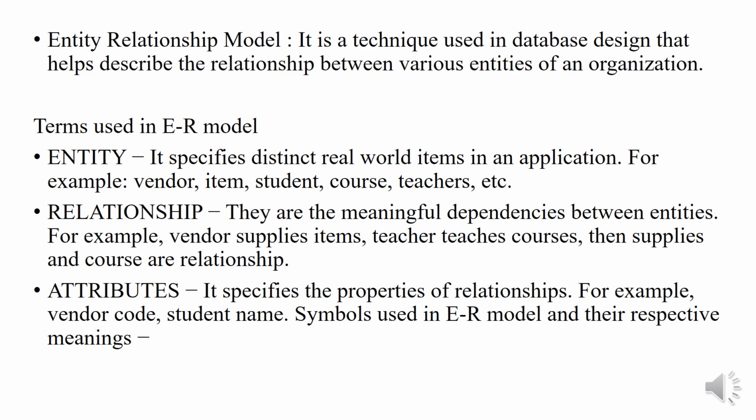The terms used in the ER model are: entity, which specifies distinct real world items in an application, for example vendor, item, student, course, teachers. Relationship, which is the meaningful dependency between entities, for example vendor supplies item, teacher teaches courses; supplies and teaches are relationships. Attributes specify the properties of an entity, for example vendor code, student name. Symbols used in the ER model and their respective meanings.